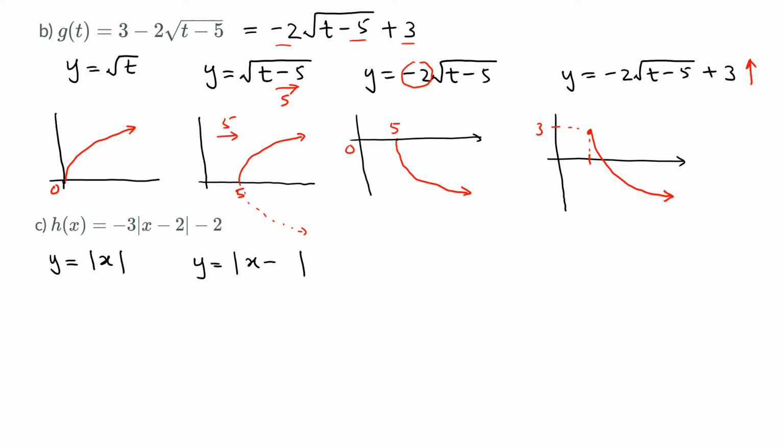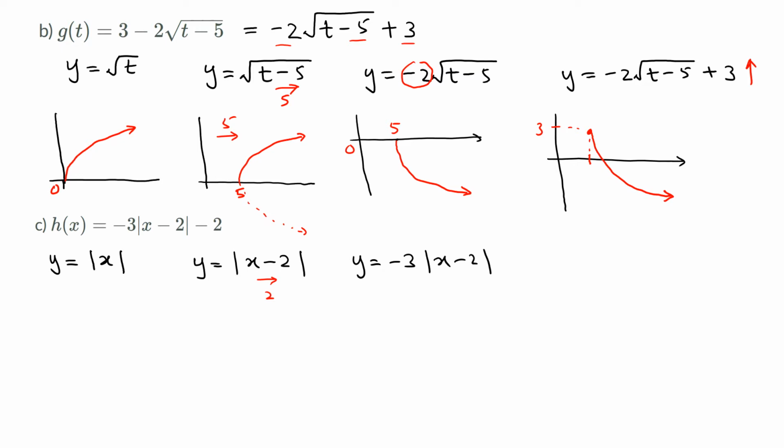That means we move the graph 2 units to the right. And then we have y equals -3 times the absolute value of x minus 2, not plus 2, x minus 2. So it's going to reflect and scale by 3.